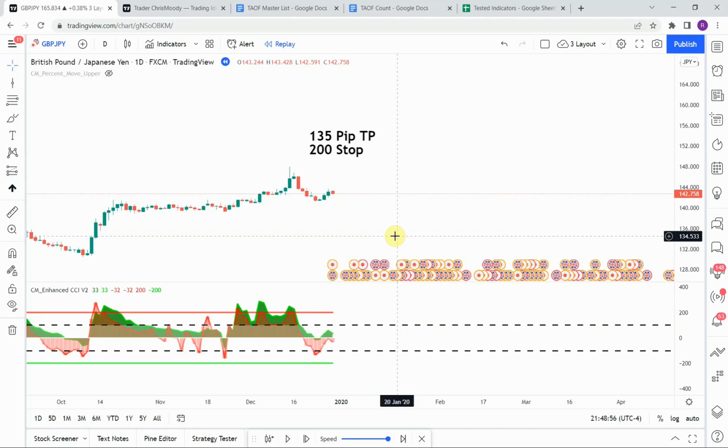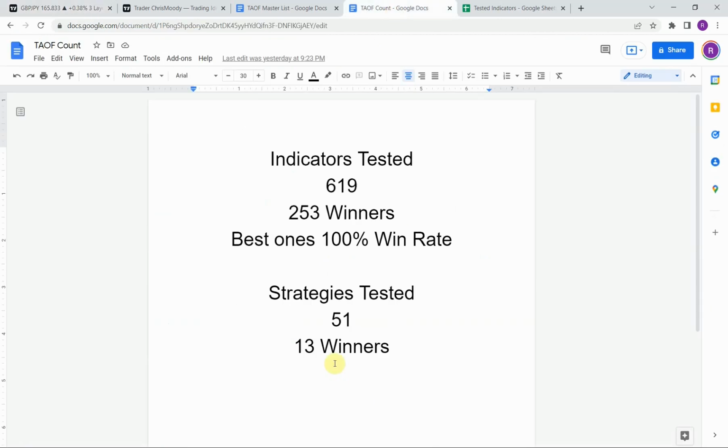Alright, as I said, today we will be testing the CM Enhanced CCI V2 indicator. Before we do though, I wanted to put the testing scoreboard up for everyone to see. So to date, we have tested a total of 51 different strategies, with 13 of them being profitable. We've also tested a total of 619 indicators, with 253 of them being winners.